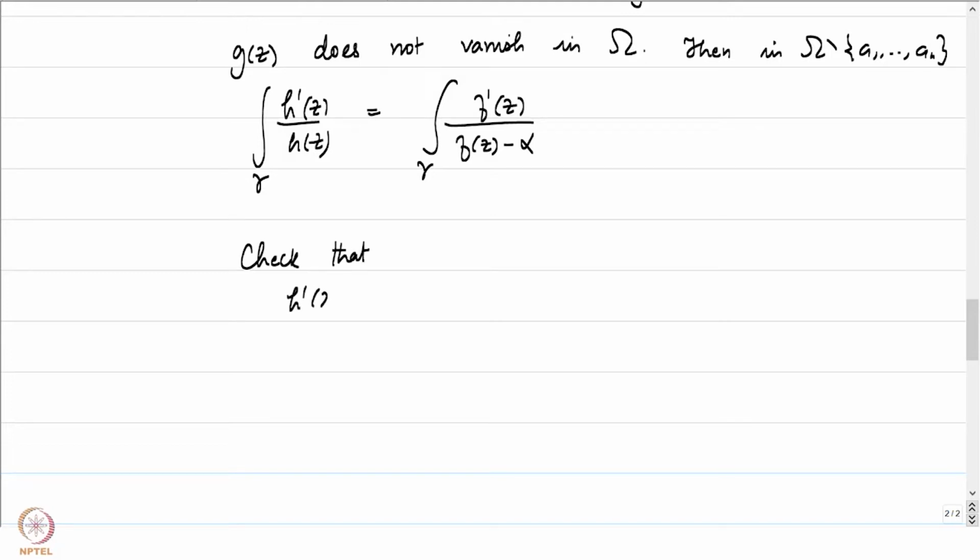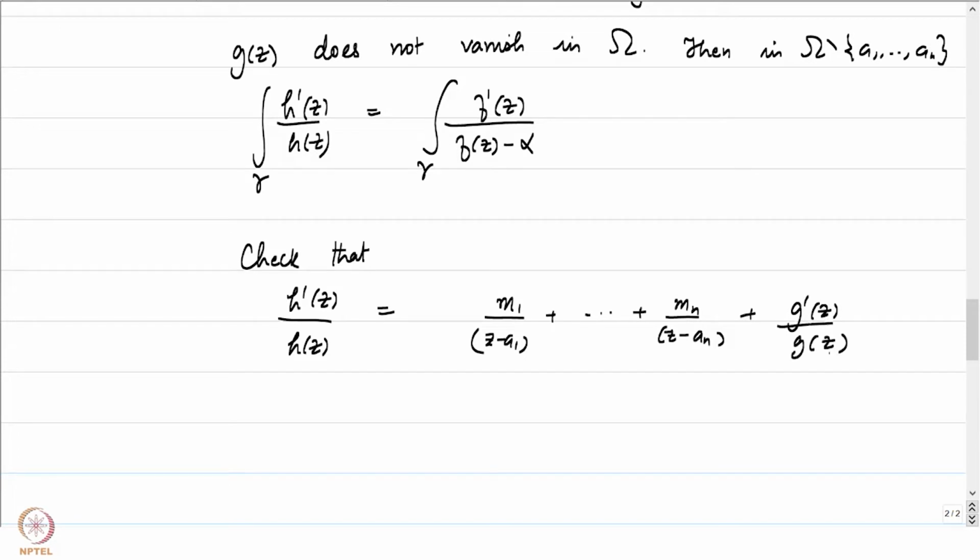h prime of z by h of z is going to be equal to m1 by z minus a1 plus m2 by z minus a2 plus ... plus mn by z minus an plus g prime of z by g of z. Remember that this is because h of z has this very special form.